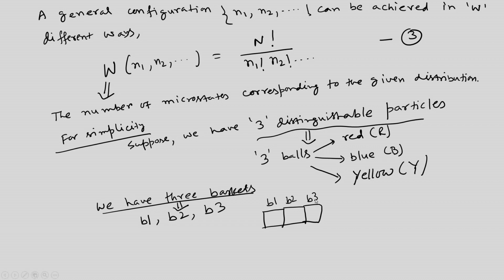So, we considered three distinguishable particles as three balls, and we have three baskets, and our goal is to see how many ways we can put the balls into the baskets. Okay. Now, in the first case, suppose we consider that all three balls are present in basket 1. Okay.